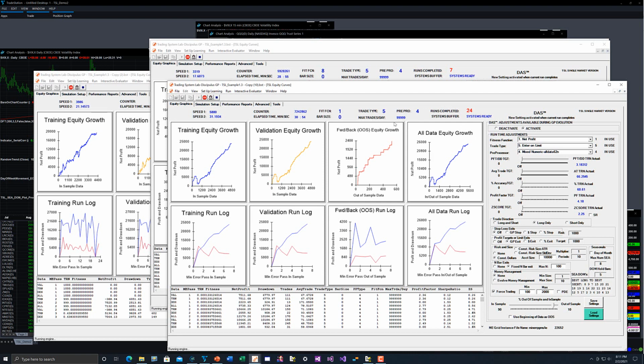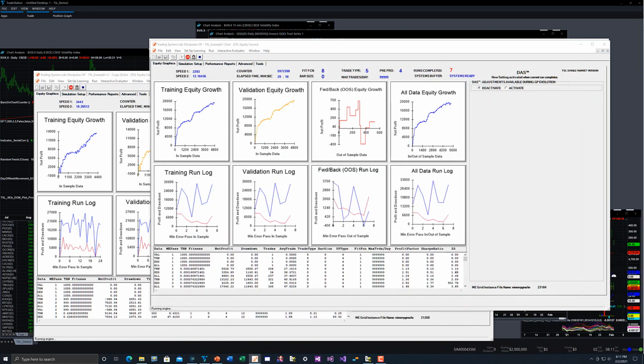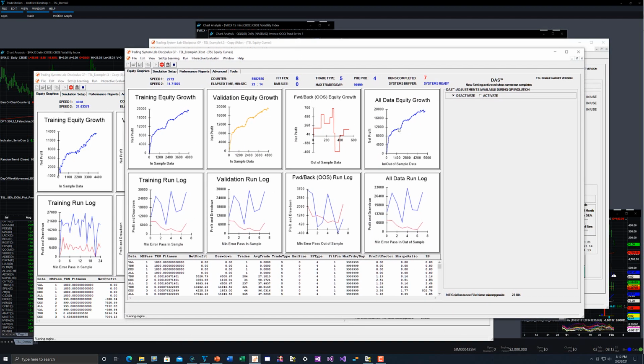So Trading System Lab is partially hyper-threaded, but it doesn't saturate your CPU with just one instance. So you can have many instances all configured differently, all working on different kinds of projects and different kinds of setups. Here, for example, this one is going through all of the fitness functions involved in Trading System Lab.